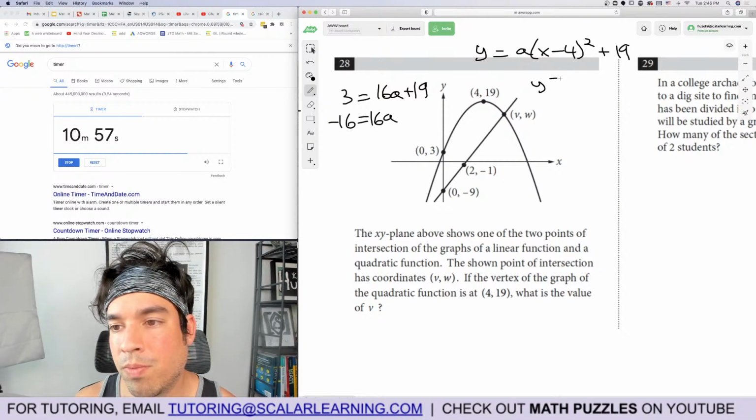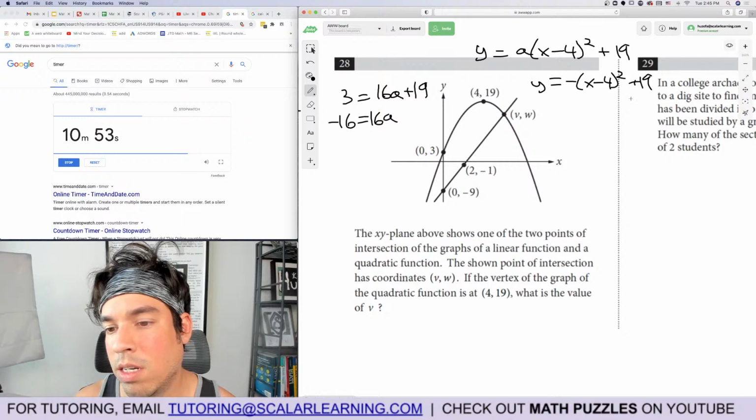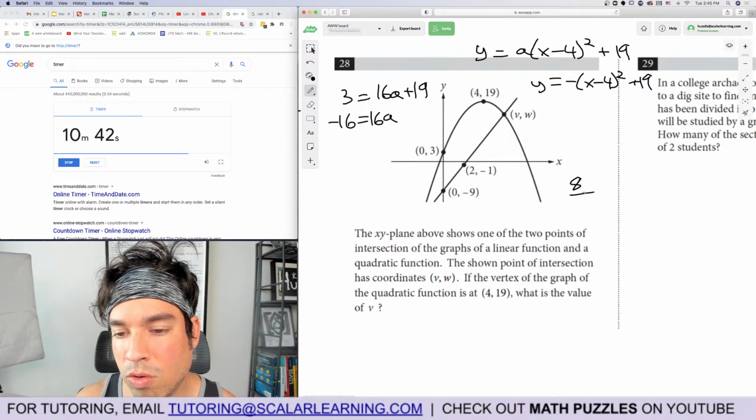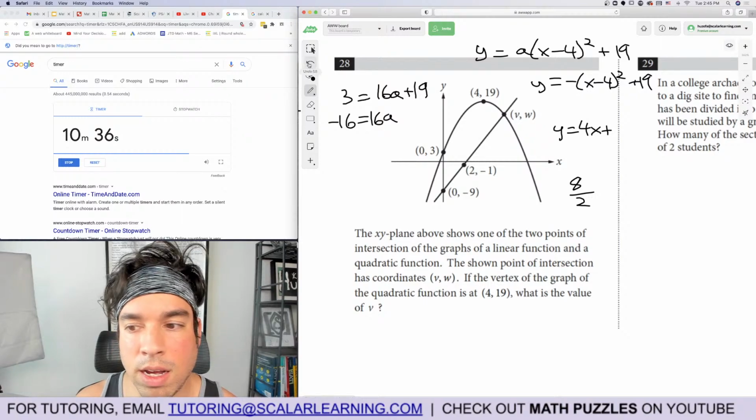So then y equals negative x minus 4 squared plus 19. And this line, if I find the slope, this is pretty good. And I have the y-intercept. So the slope is negative 1 minus negative 9, which is plus 9, is 8 over 2 minus 0 is 2. Slope of 4. So this is y equals 4x plus or minus 9.